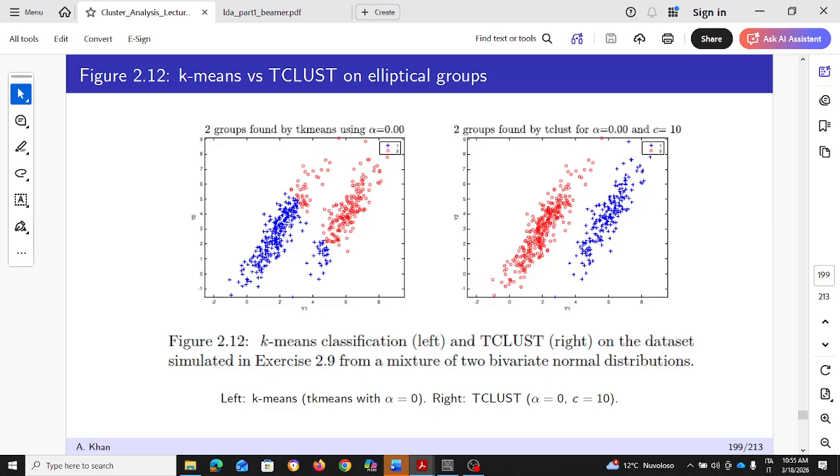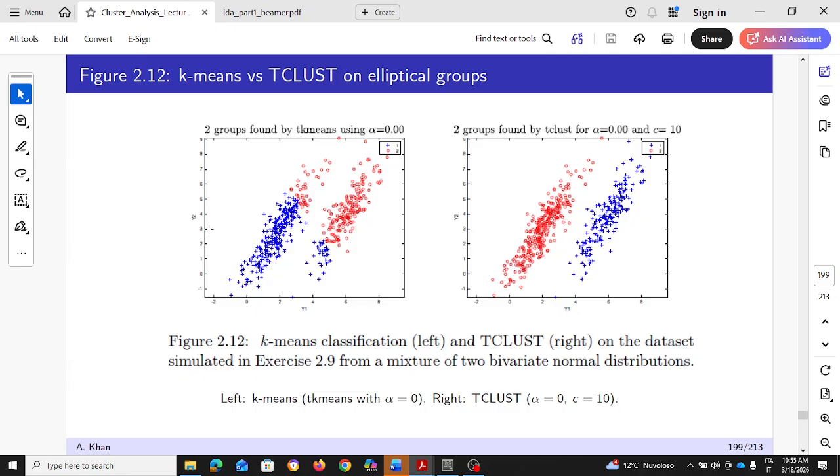This one on the left, for you it is the left also, right? Okay. So here we have k-means. We applied k-means clustering here and here t-clustering.